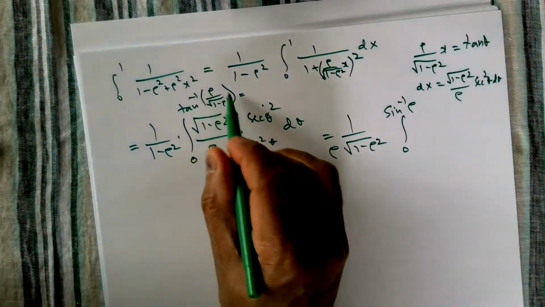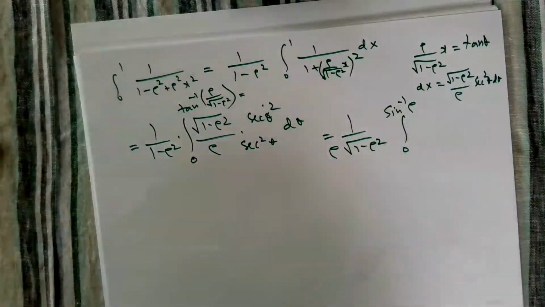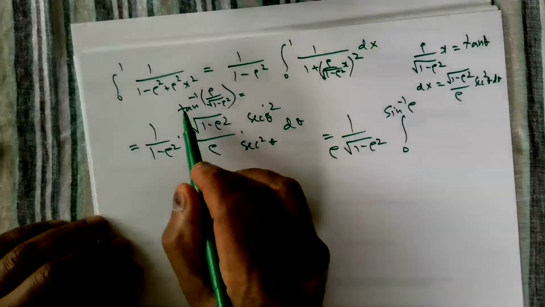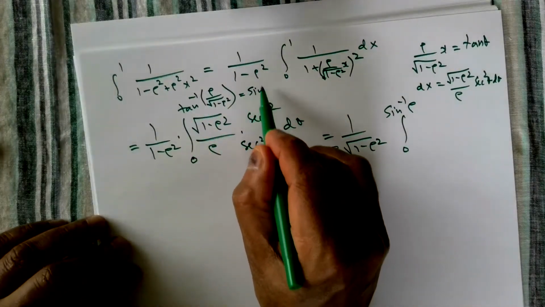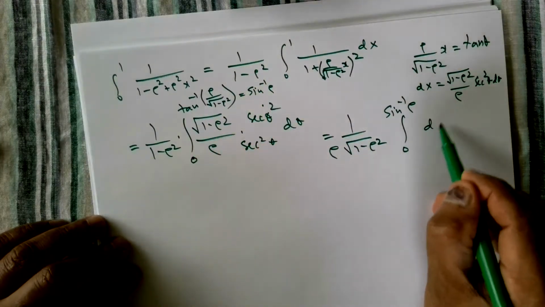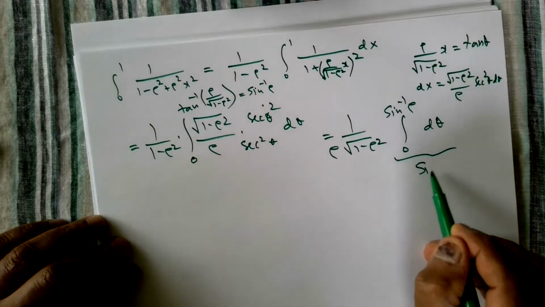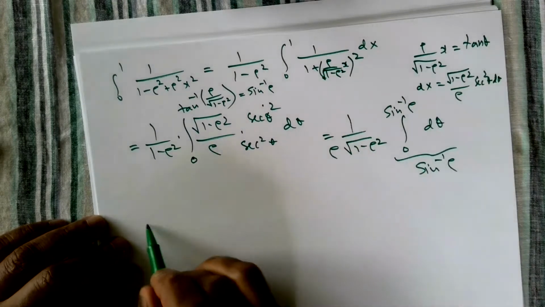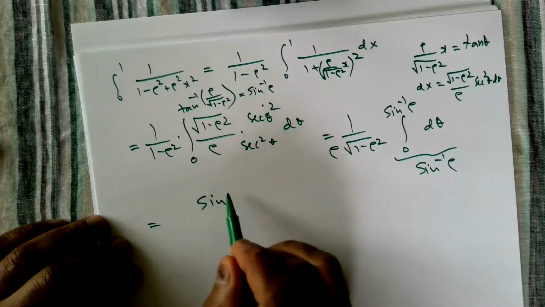The easiest way is you call this some quantity x. So tan x is rho over the square root of 1 minus rho squared, and you get sin x to be rho, or x is sine inverse rho. So this is the same as sine inverse rho, and this is simply theta. So this is simply sine inverse rho. So we got the one integral.